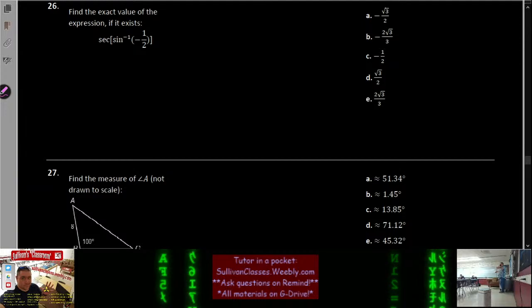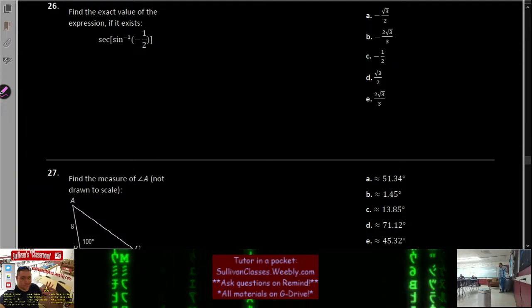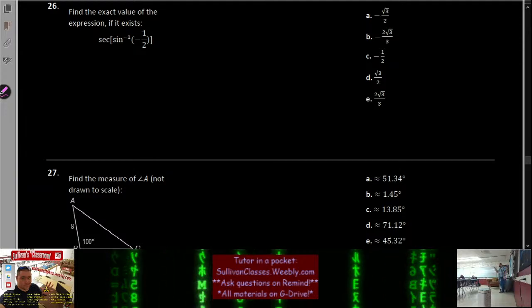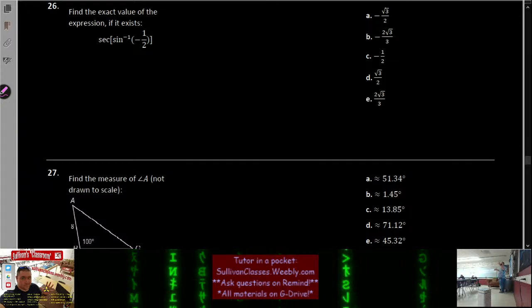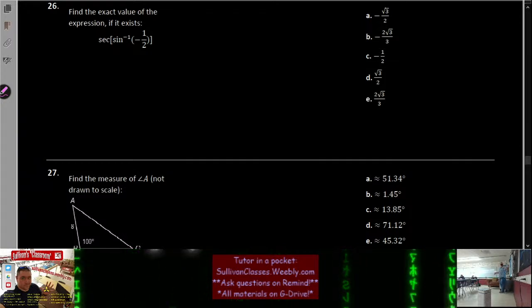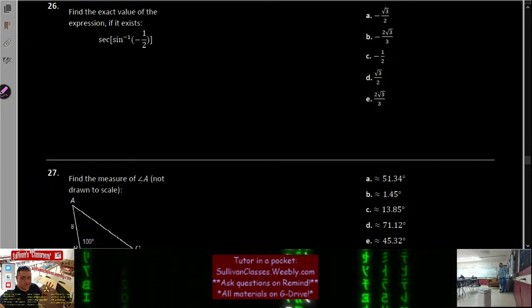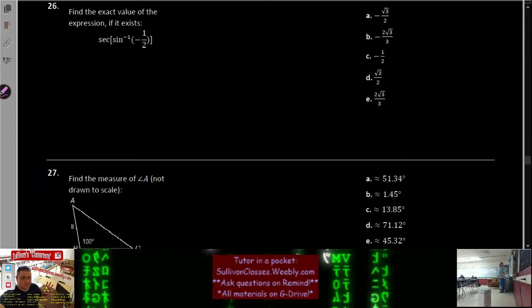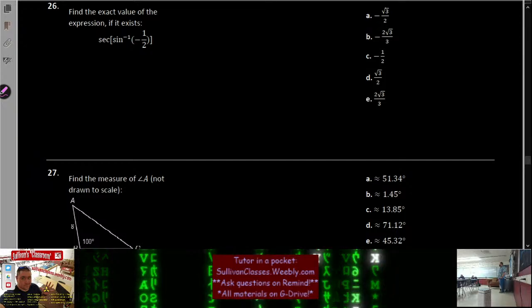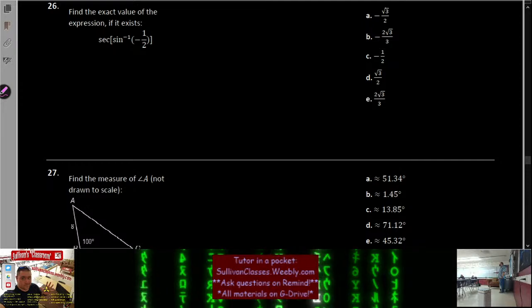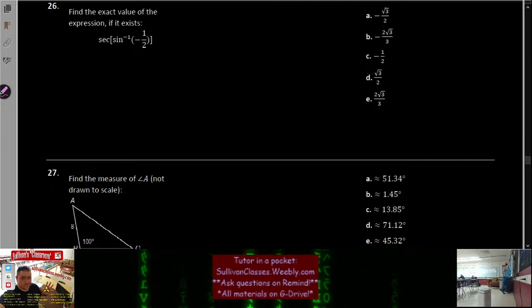Negative 1 to 1, okay, has to be legal because otherwise there's no solution. Between negative 1 and 1, right? So yes, legal target. What angle has a sine value of negative 1/2? Negative pi over 6, yes.